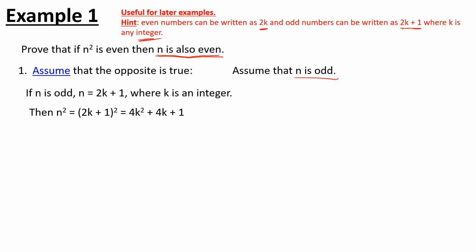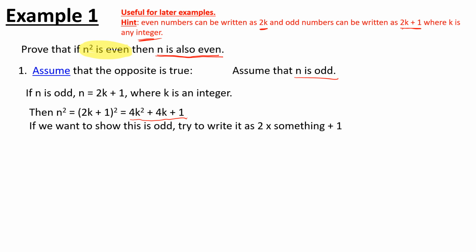Now remember from the question, n squared is even. But hopefully by looking at this, you can spot that that isn't the case. This is actually an odd number. If you want to try and show that something is odd, try to write it as 2 times something plus 1.